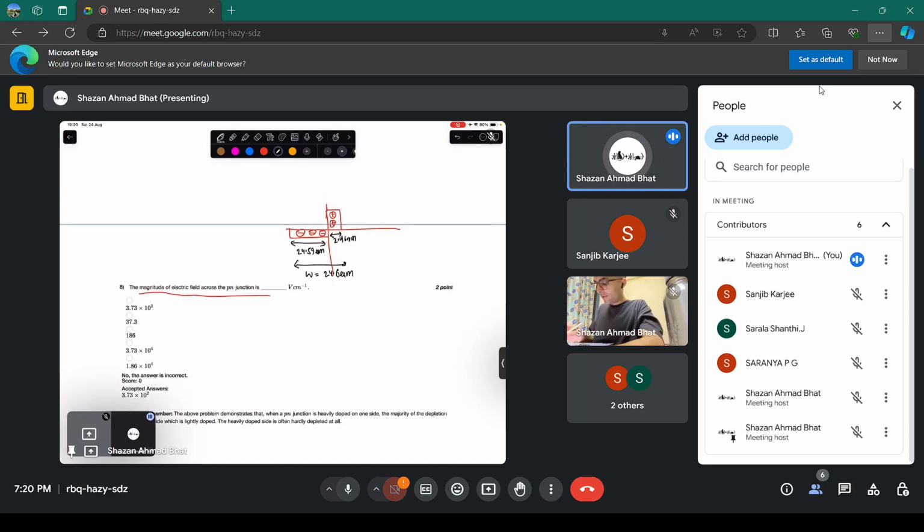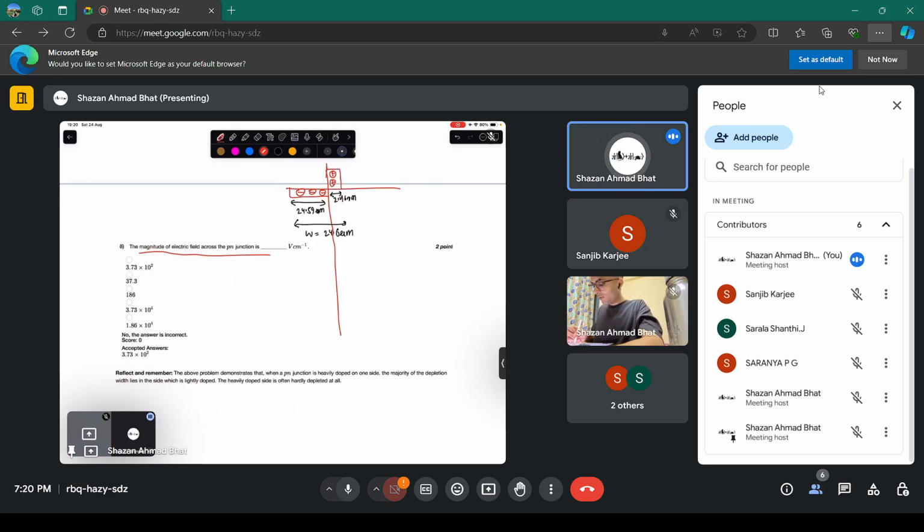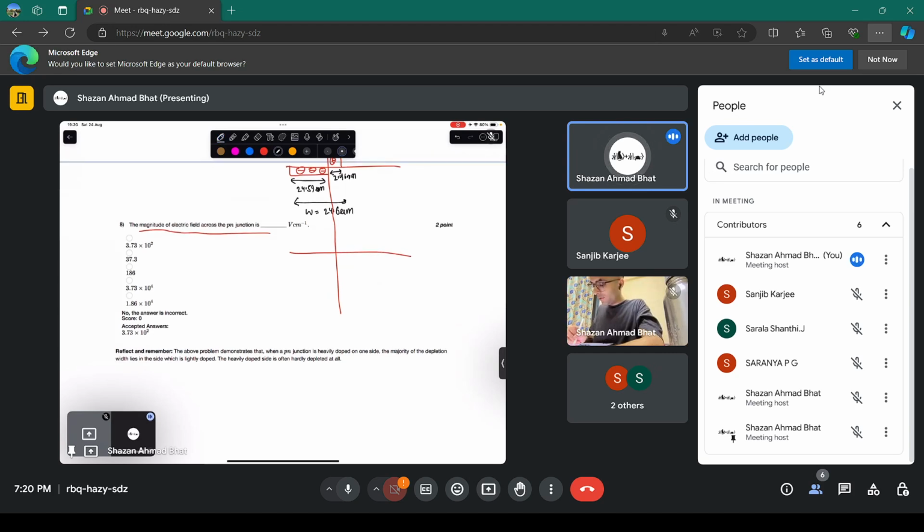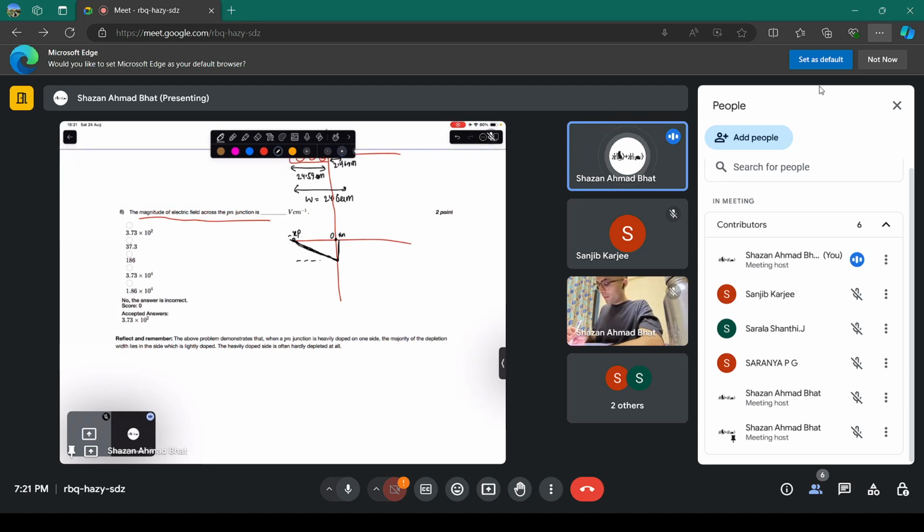If you draw the electric field profile of this, it should be easy for you. It will be spread more here because these are uniformly doped. It will be a very little part here. This should be the electric field. This is Xn, this is 0, this is minus Xp. And you have to find the magnitude of the electric field, that means the magnitude of this, E max.